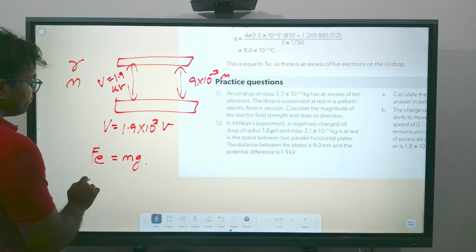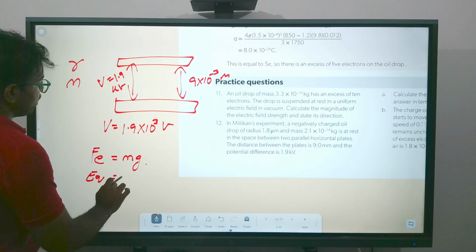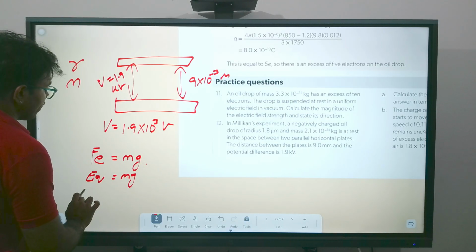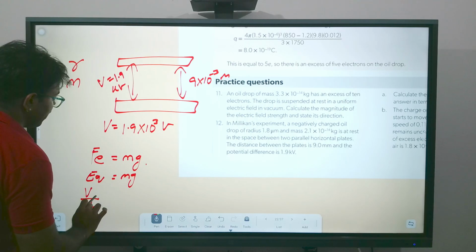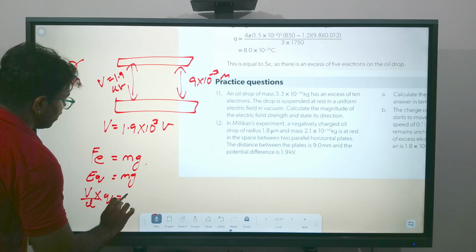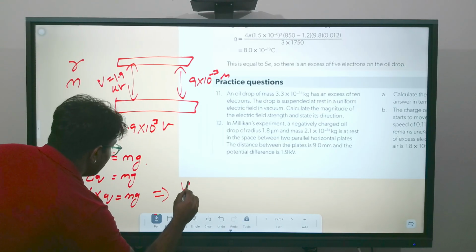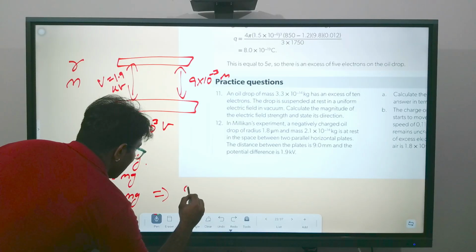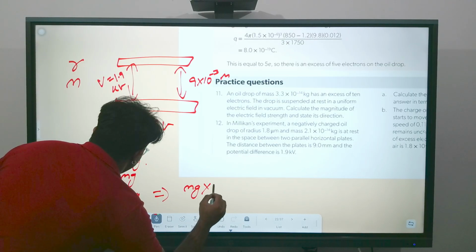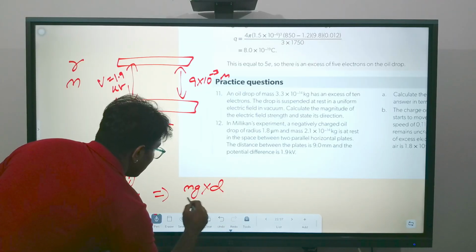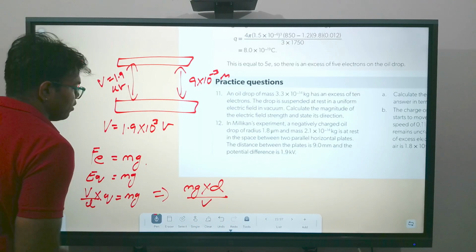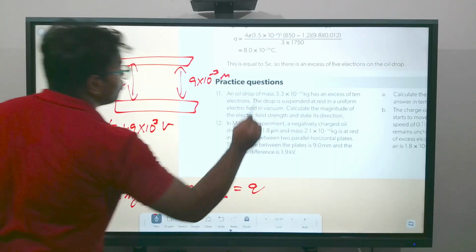Okay, now we can write this force as Eq equal to mg, or you can write it as V upon d times q equal to mg, which gives us mg multiplied by d upon V is equal to q.